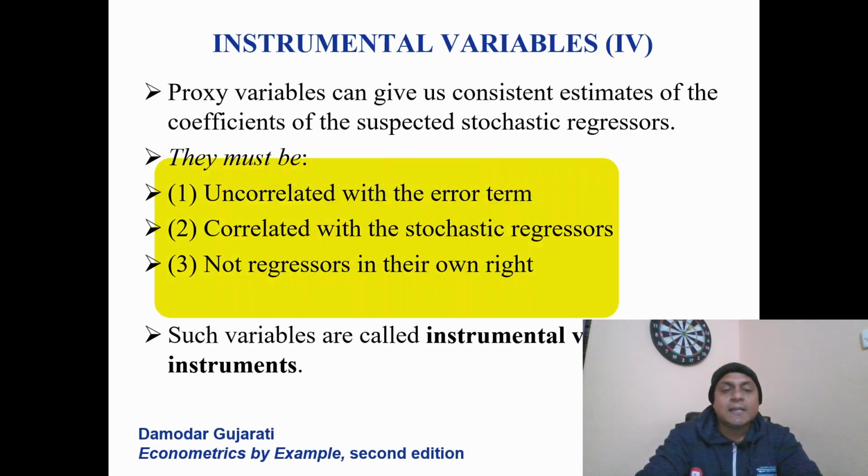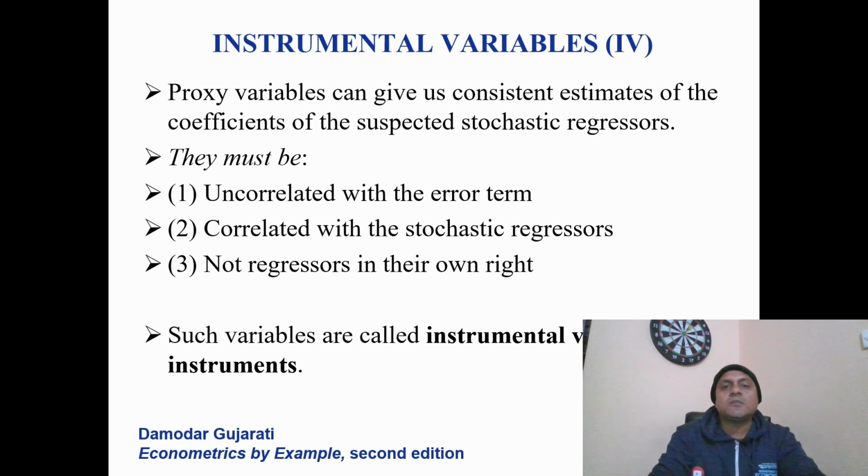It must be uncorrelated with the error term, correlated with the stochastic or suspected regressors, and not a regressor in its own right. So choosing the instrumental variable is very tricky, and it depends on the theory and the context of your analysis. You have to study the literature review to pick the right instrumental variable for your model. Without the right instrumental variable, you will fall into the problem of misspecification bias in your model.